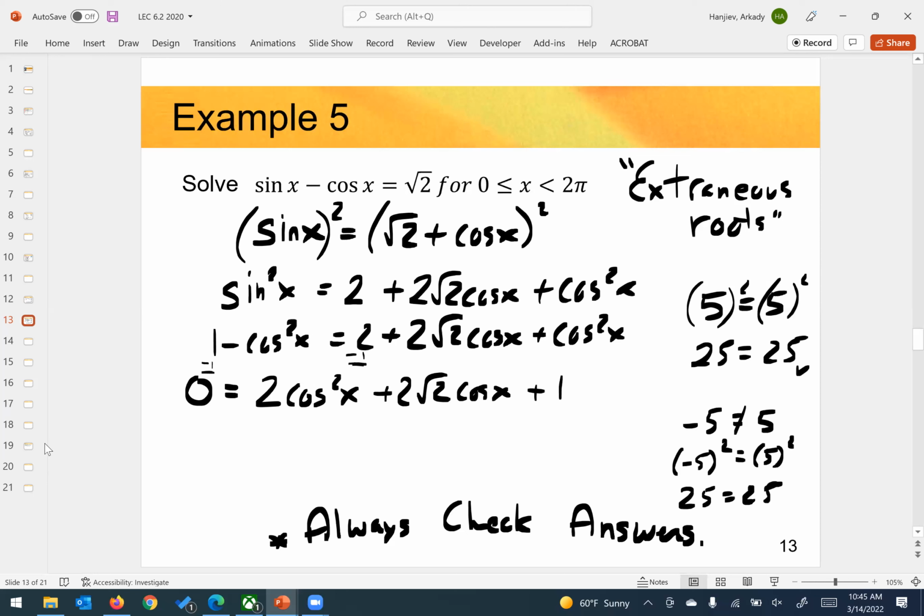The reason why it does not look very nice is because we had a square root of 2 in the first place. If it was just a 1 or a 2, this would be no problem, right? Just multiply together. It's that little square root of 2 that's our problem.